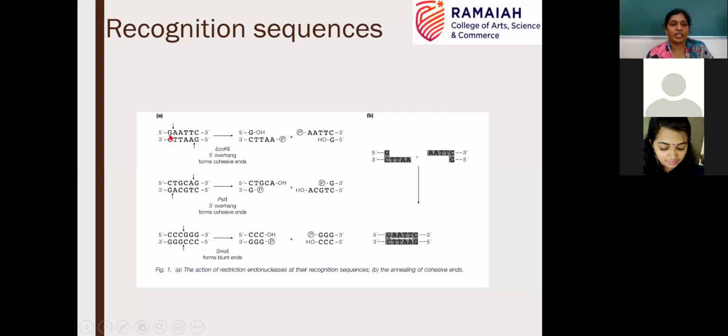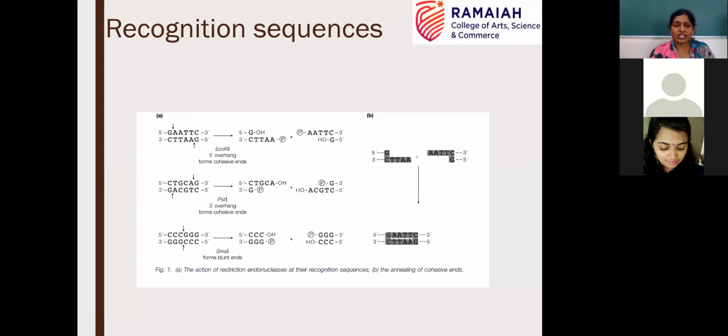You see here, if you read in the 5' to 3' direction, this is GAATTC, and on the other strand, reading in the same 5' to 3' direction, it again reads the same. Such sequences are called palindromic sequences, symmetrical, 4 to 8 base pairs long. Here 3 examples are given.